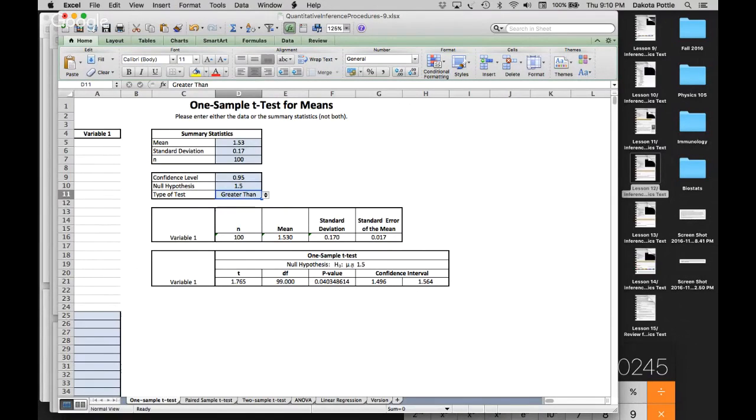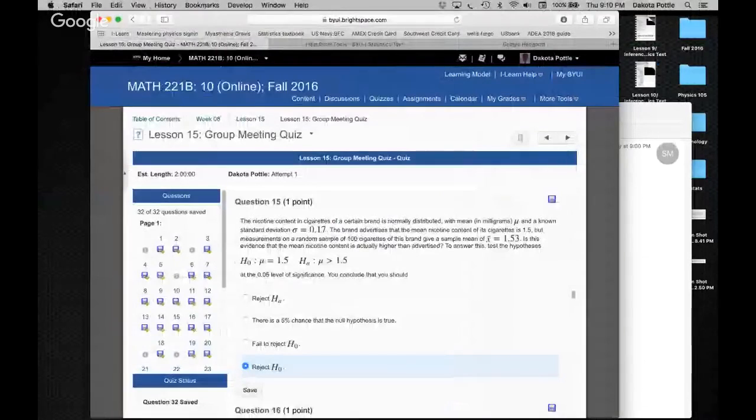That's the important number we want. And we're comparing p to alpha, right? Exactly. So the p-value is less than 0.05, so you reject the null.